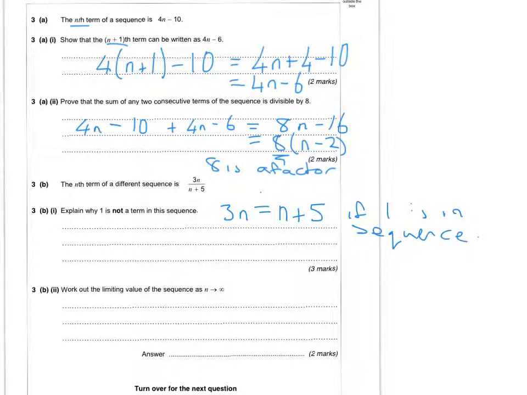So solving that gives us 2n equals 5, n equals 2.5. So n is an integer typically.